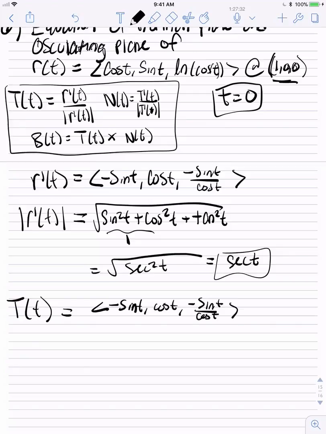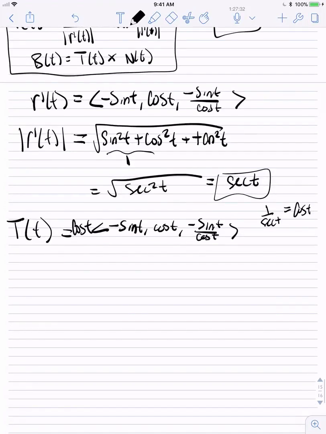And then we would divide by secant t, but we know that 1 over secant t is the same thing as saying cosine t. So we can bring that on the outside instead of dividing. So multiplying that cosine t across, we would get negative sine t cosine t. Cosine t times cosine t is cosine squared t. And then the cosine t's would cancel, leaving us with sine t.